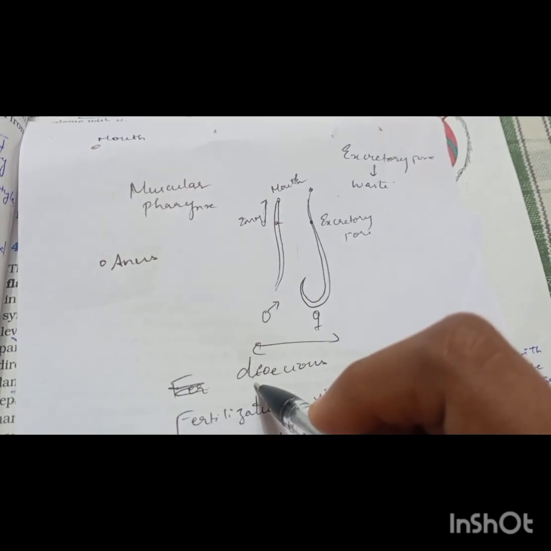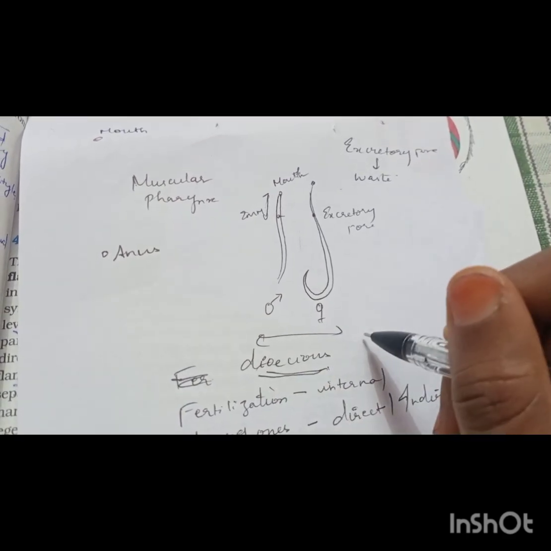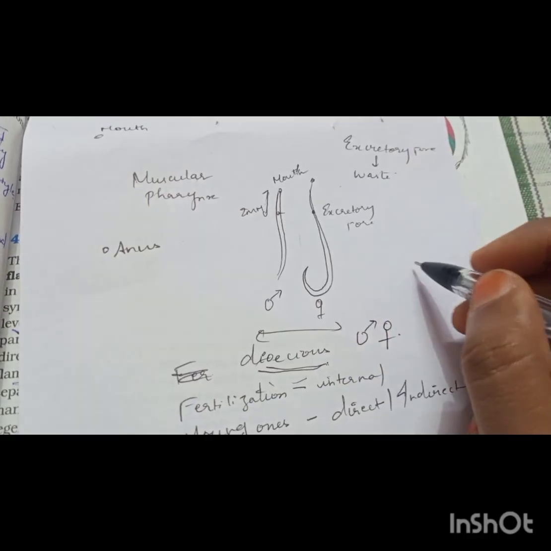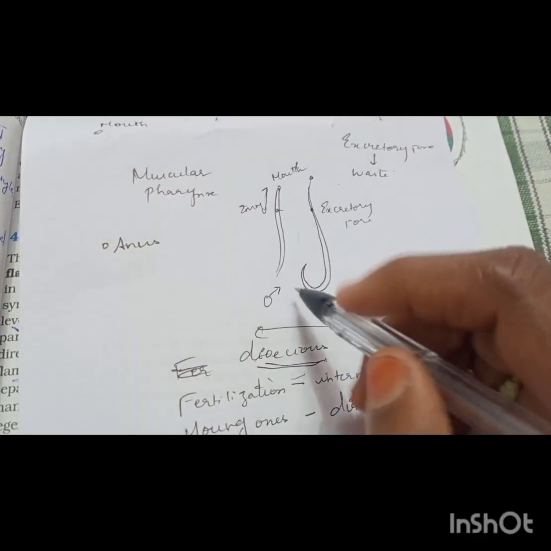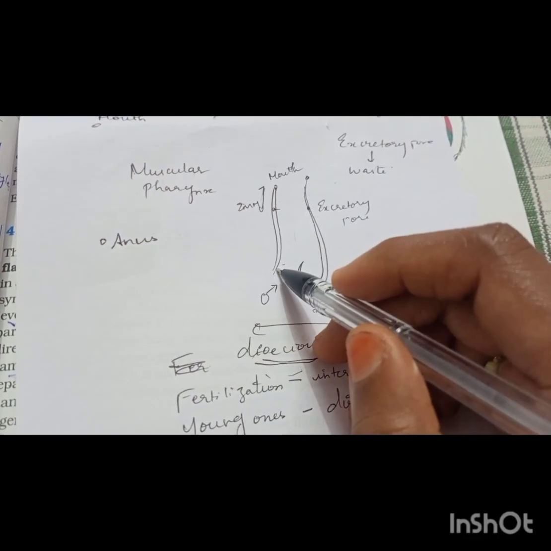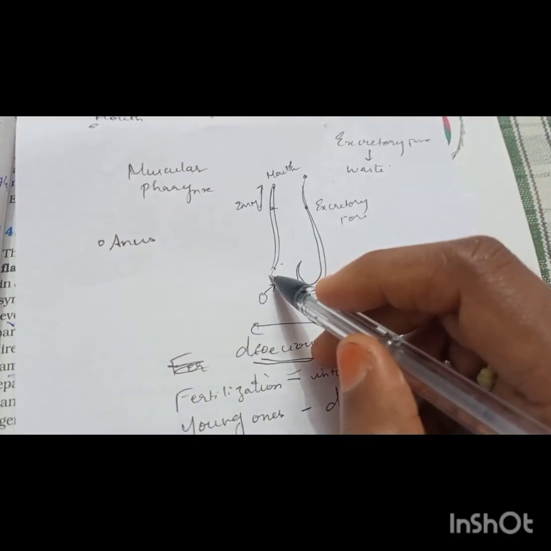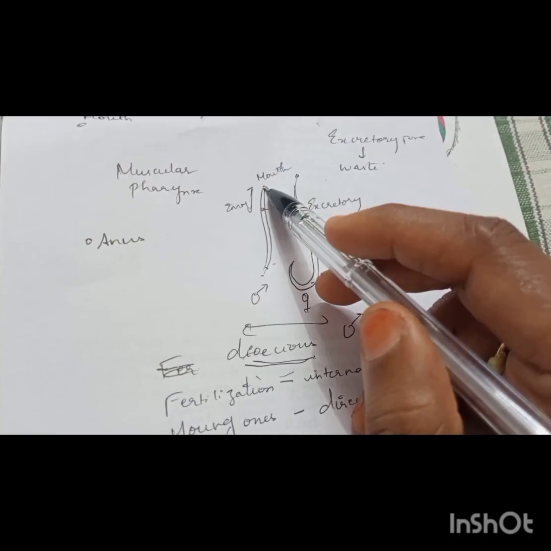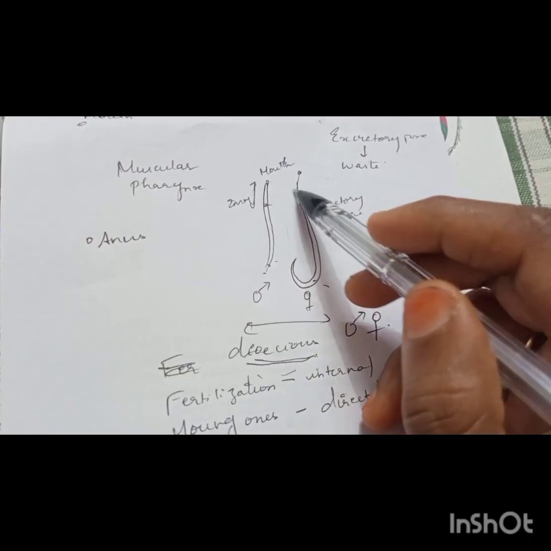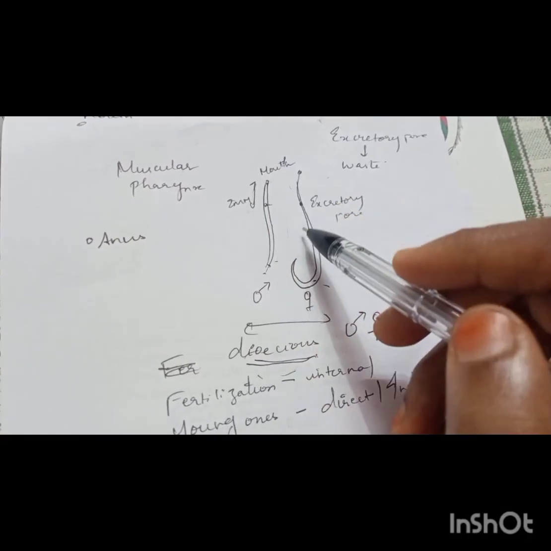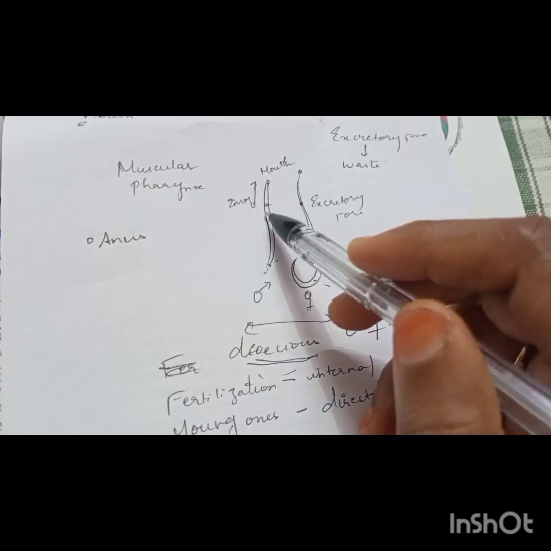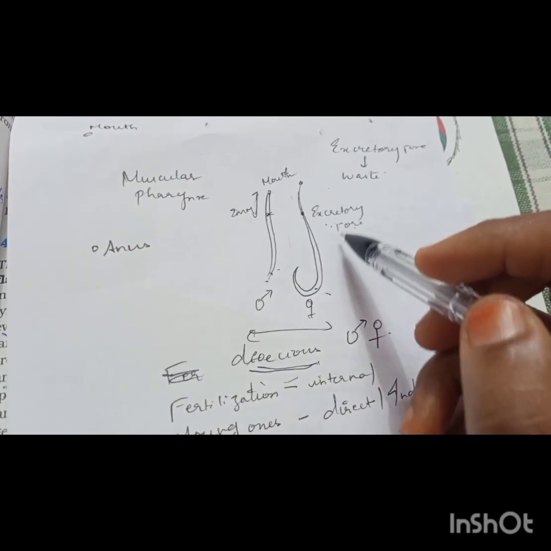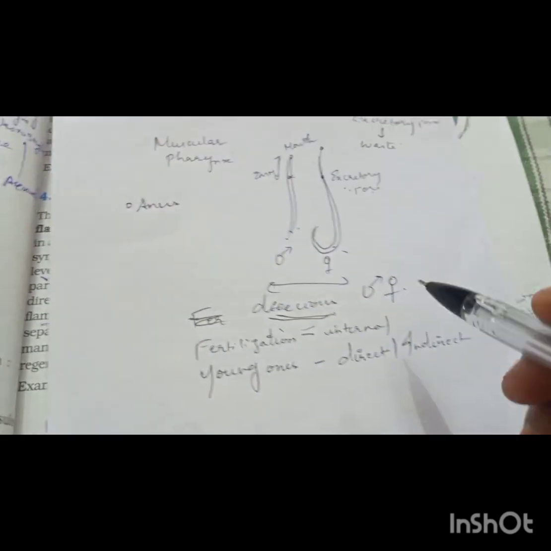It will have separate male and female organisms. So far what we have seen is hermaphrodite, but here we have different male and female organisms. The male is very small when compared to the female. Here you can see the mouth at the top, and at a 2 millimeter distance you can see the excretory pore, through which the waste is removed.